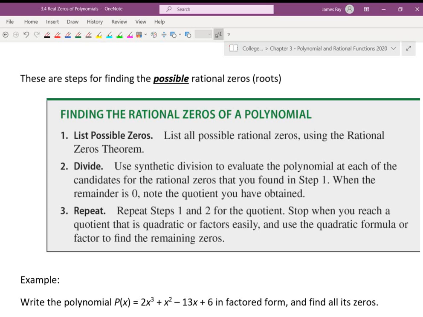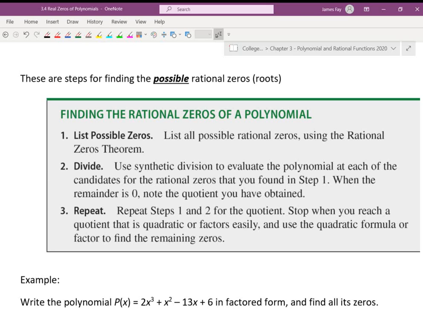If the remainder is 0, that's fantastic, because then that P over Q value that you just chose is a 0 of the function, meaning it is the next intercept, meaning then you know one of your factors of your polynomial. And you keep repeating that process, choosing P over Q's and doing synthetic division until you completely factor your original polynomial. You find all the zeros.